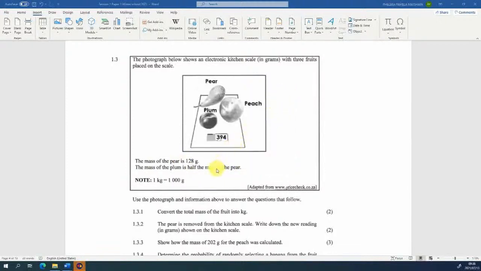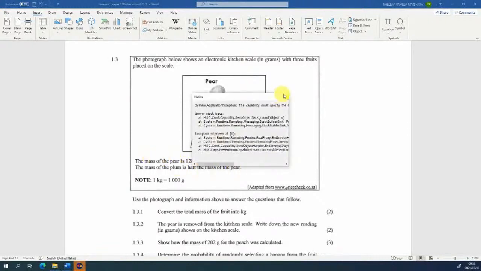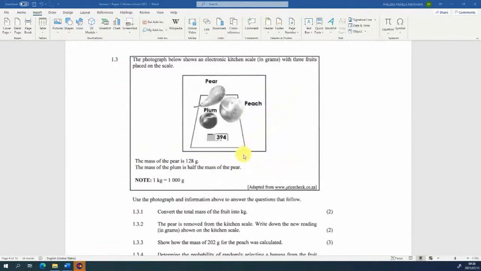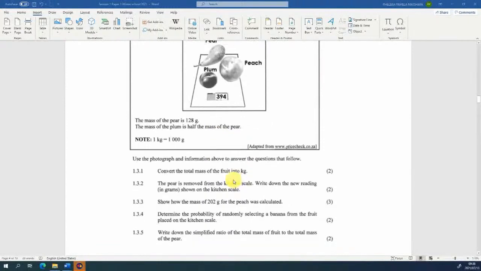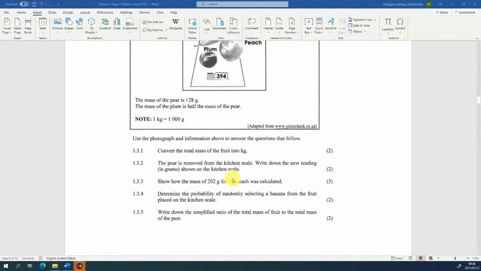So you could immediately halve 128 by dividing it by 2, and you will get 64. Keep that in mind in case it might be asked. And note, they say 1 kilogram is equal to 1,000 grams.